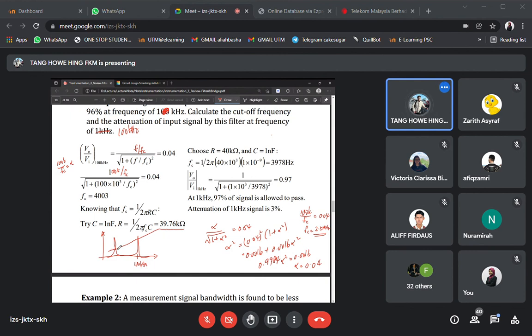Because this is just a first order filter, that's why the cutoff is not very steep. So this cutoff frequency has to be equal to 2.5 megahertz. So far, is everyone clear?